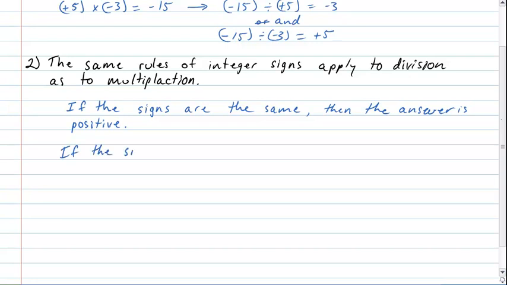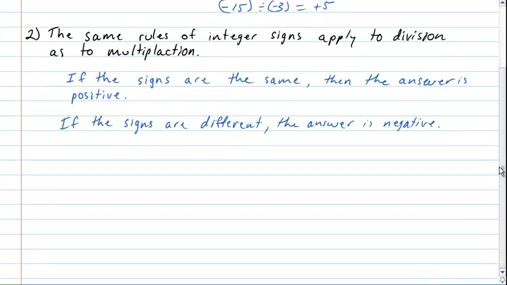Likewise, if the signs are different, the answer is negative. If you remember those rules, division is going to be just, you divide just like you would divide normally without integers. You just have to remember what is positive and what's going to be negative for your answers.